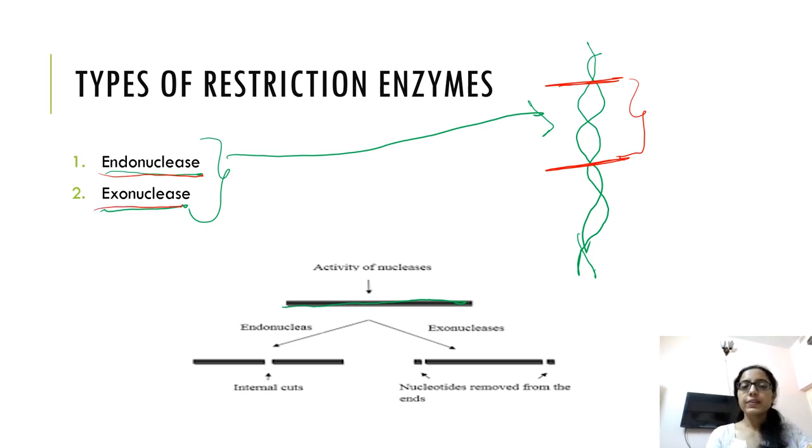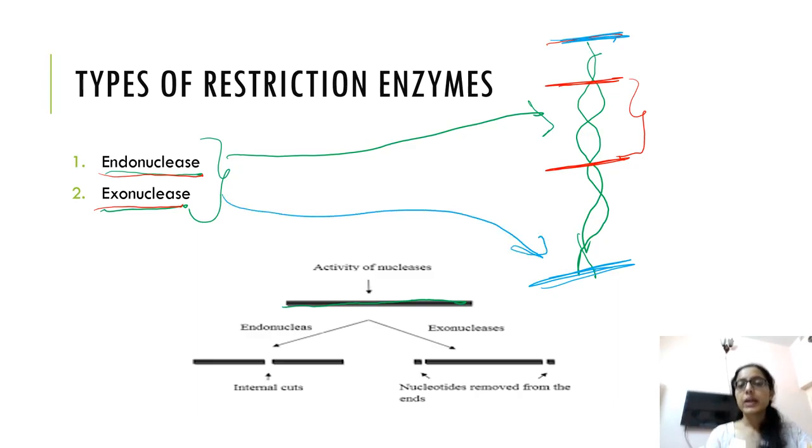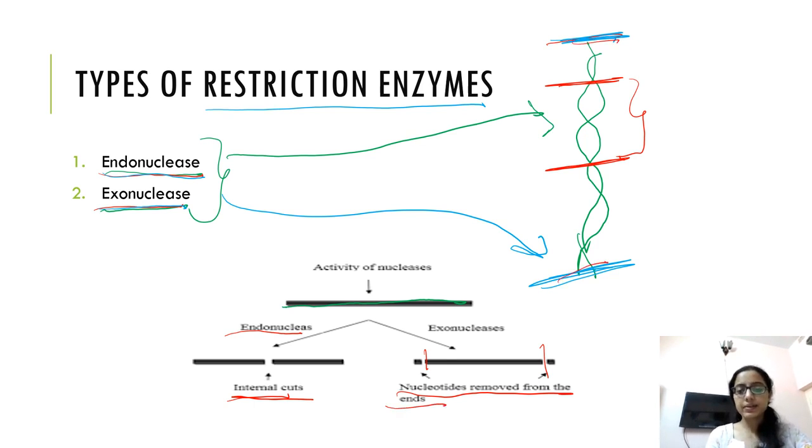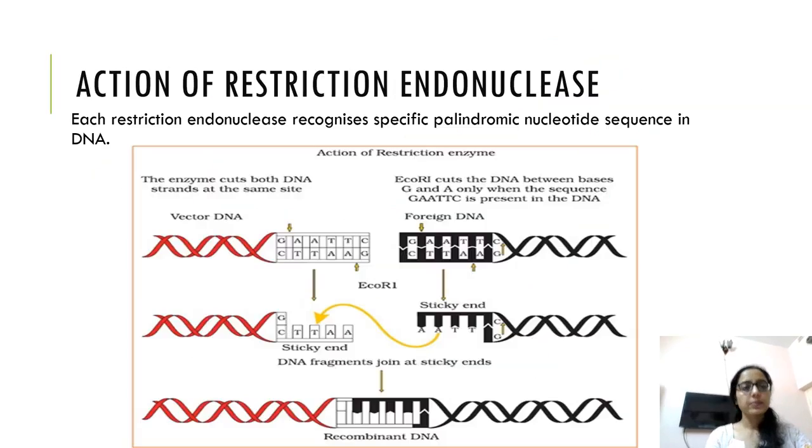If it cuts the edge or end of the DNA, that is called restriction exonuclease. So these are the two kinds of restriction enzyme: number 1, restriction endonuclease, and number 2, restriction exonuclease. Internal cuts are by endonuclease. If it is an external cut, where nucleotides are removed from the end, that is exonuclease.